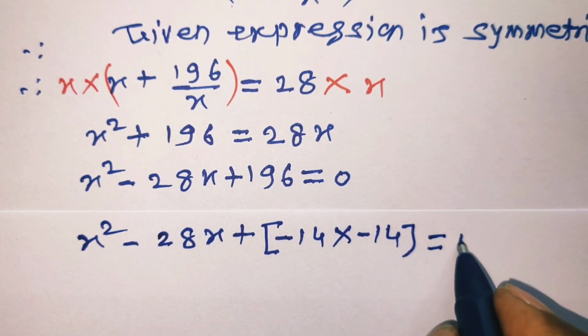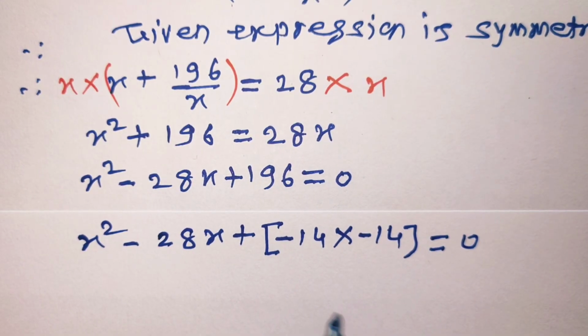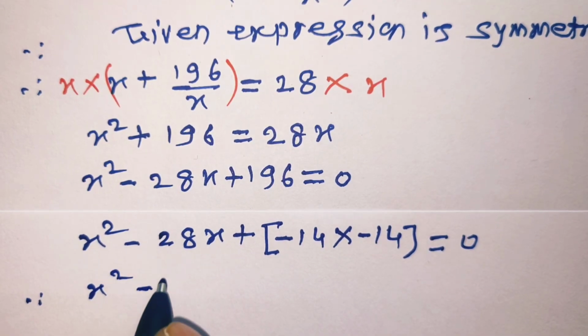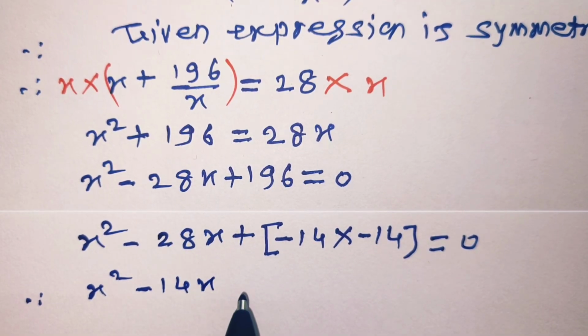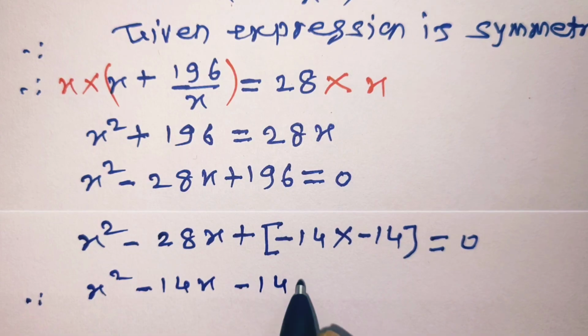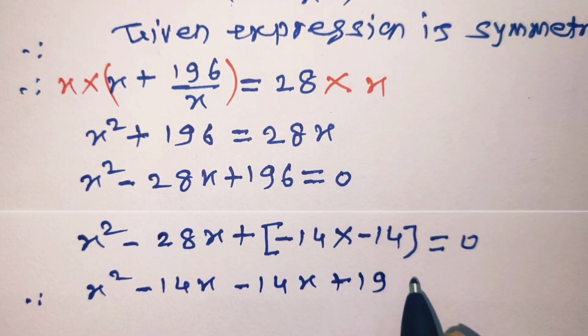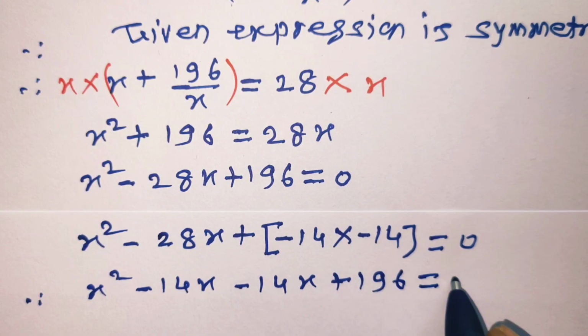This is equal to 0. Hence x square minus 14x plus 196 is equal to 0.